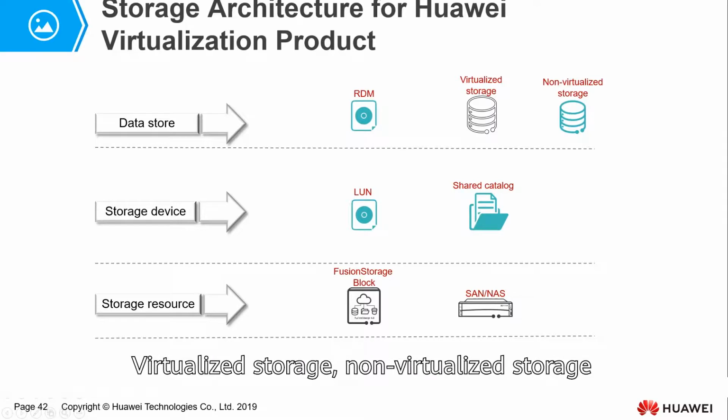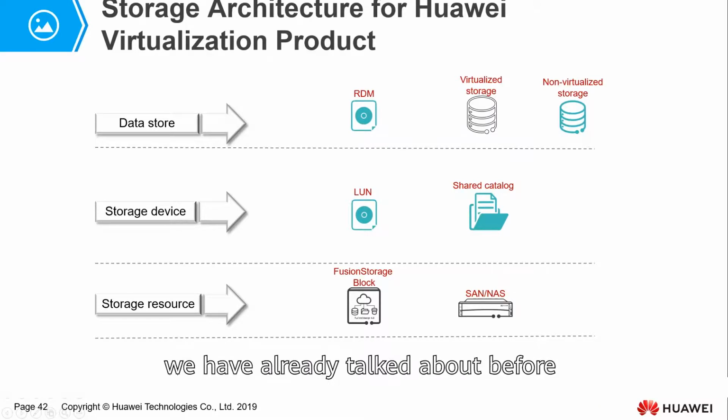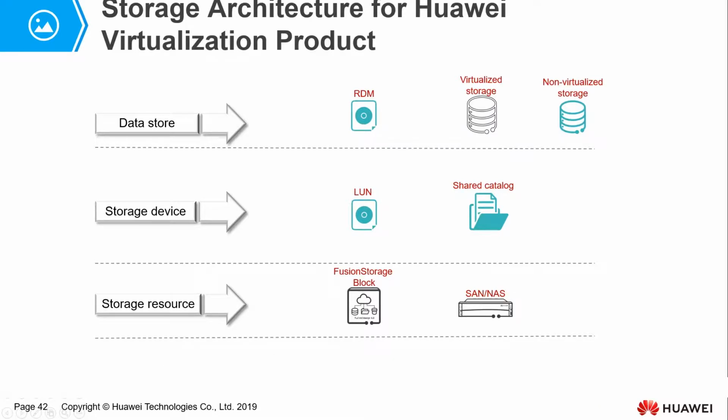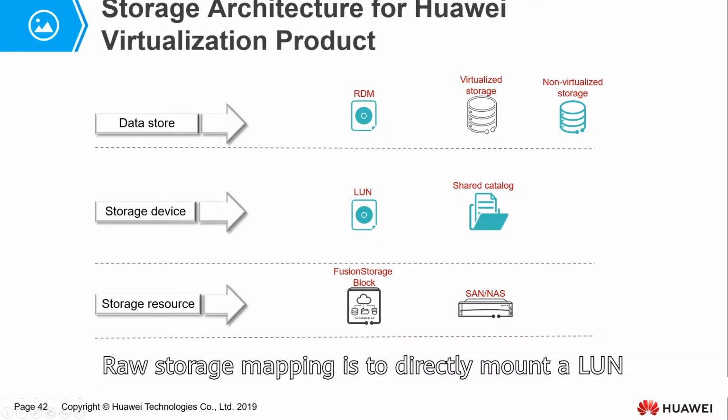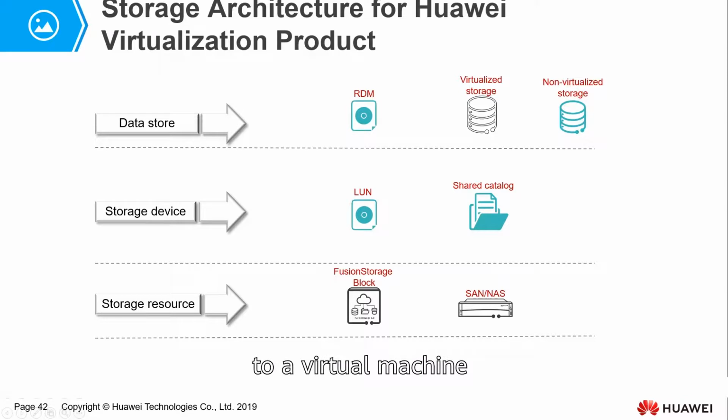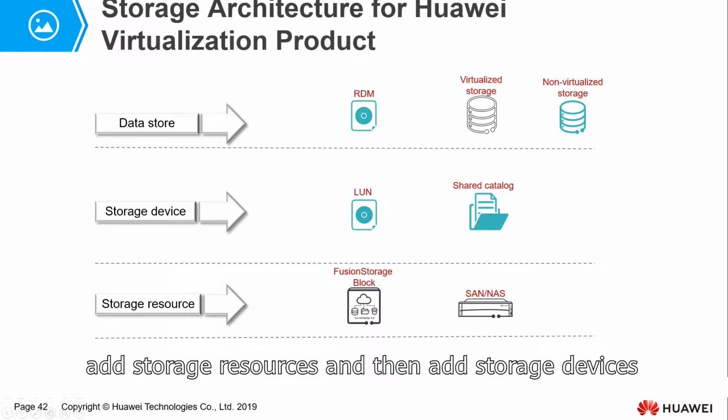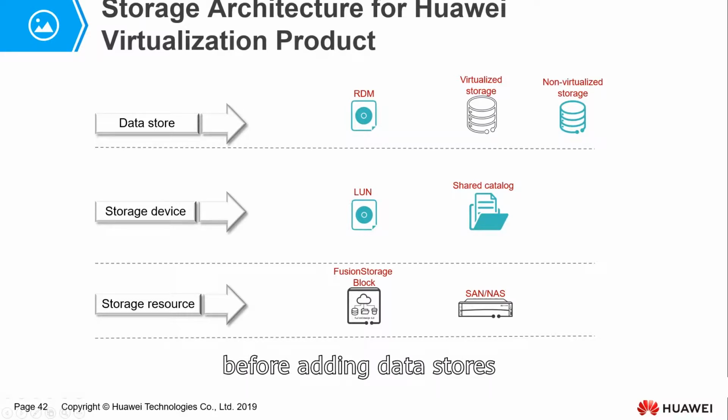Virtualized storage and non-virtualized storage, we have already talked about before. Raw device mapping is to directly mount a LUN to a virtual machine. This is called raw device mapping. Manually add storage resources and then add storage devices before adding data stores. Then the virtual machine can put data.